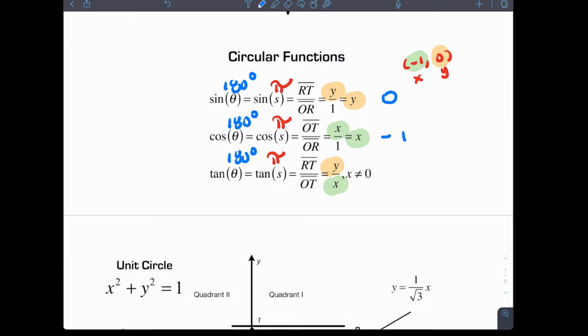Okay, so y, 0 over -1 is what? 0. There you guys go. Yeah. Exactly.